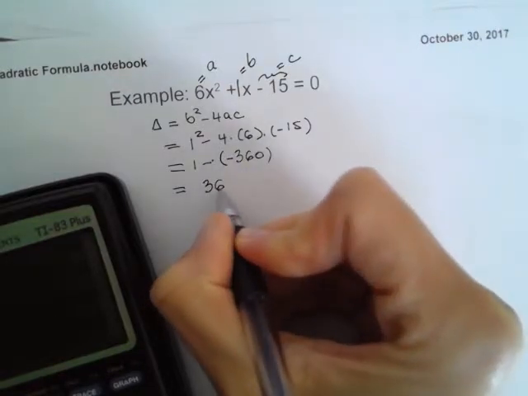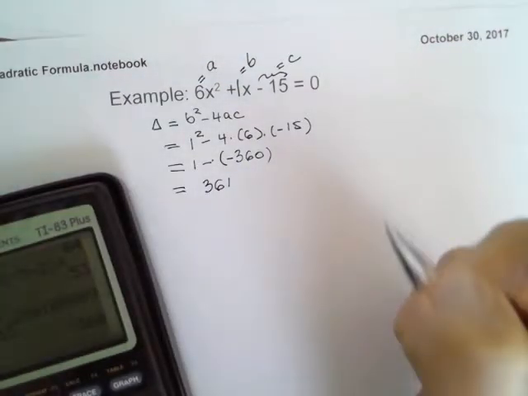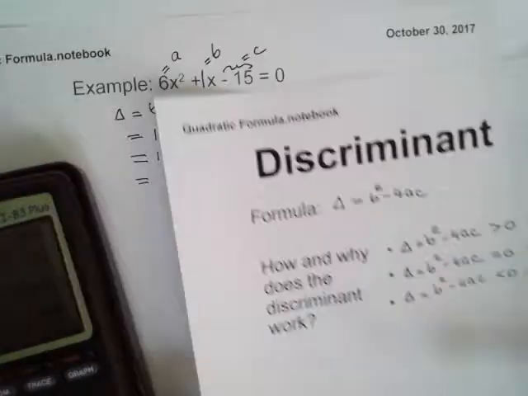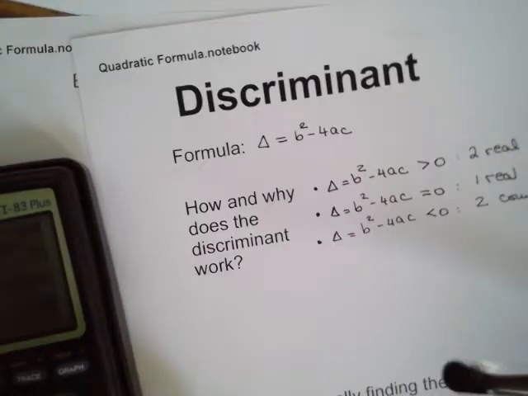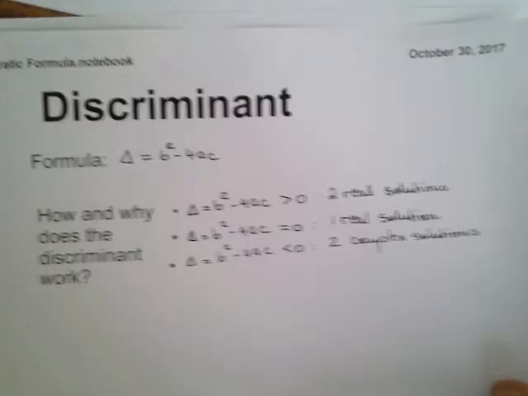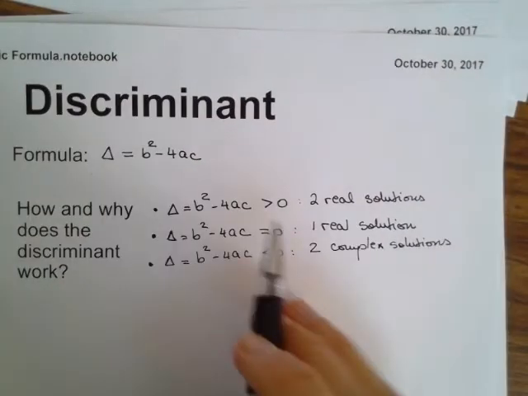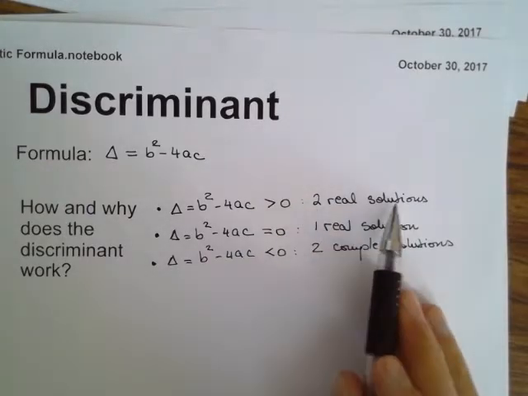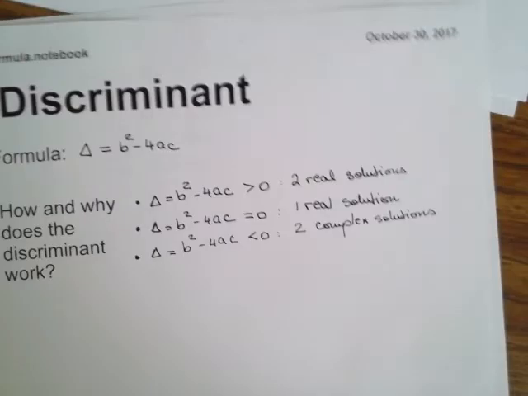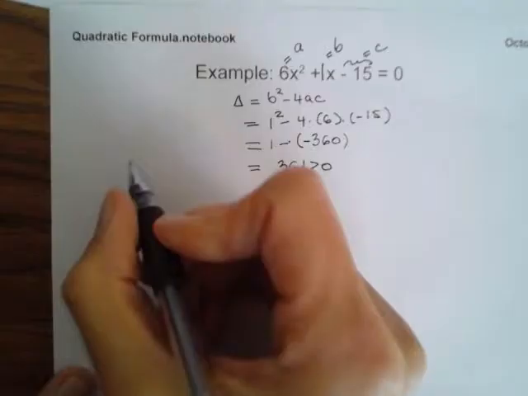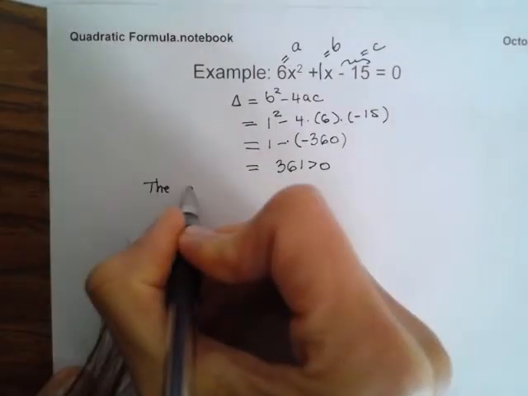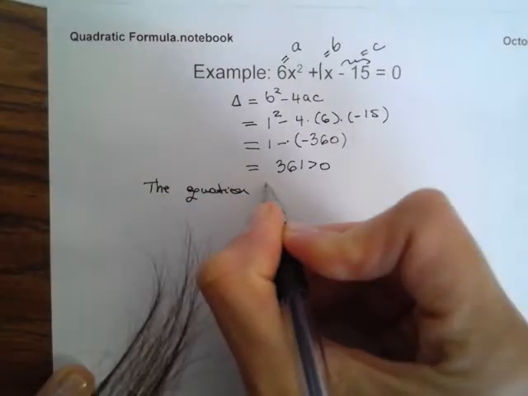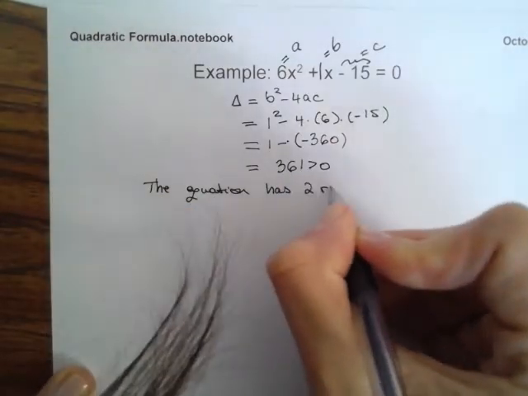Now this is a positive number, and based on the definition of the discriminant, if the discriminant is positive, we're going to have two real solutions. So I say that the equation has two real solutions.